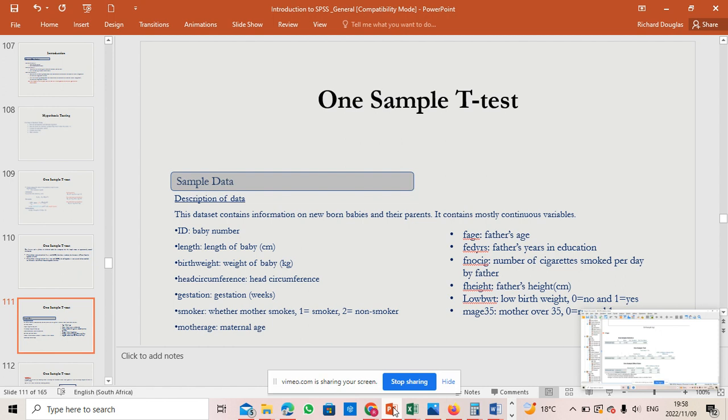In this data set, you have variables like the baby number, the length of the baby, the weight of the baby in kilogram, the head circumference of the new baby, the gestation weeks, and the smoker, whether the mother smokes, which is one for smoker and two for non-smoker, or we could say one for smoker and zero for non-smoker, as the case may be.